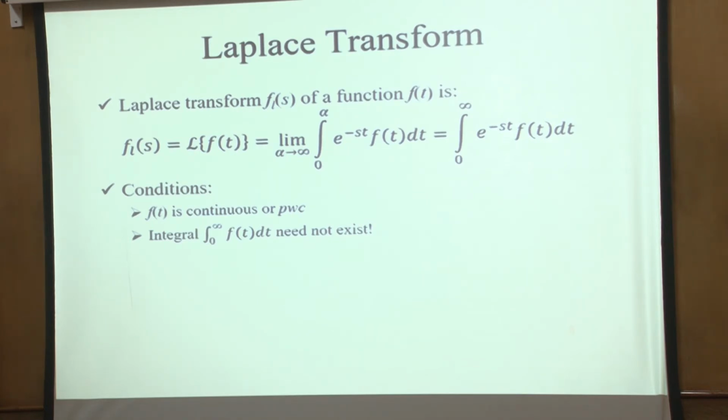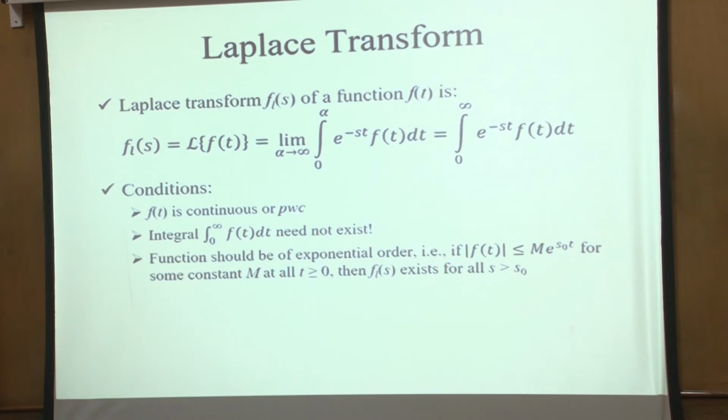So basically this integral has to exist. So if |f(t)| is less than or equal to some exponential function, with a constant M and some s naught, at all t, then F_L(s) will exist. Then the transform will exist for all s greater than s naught.